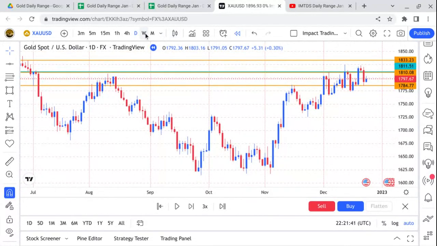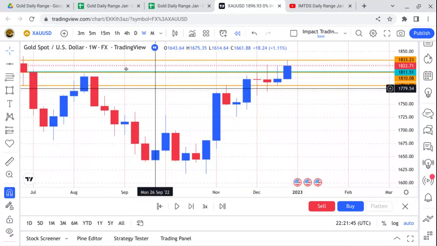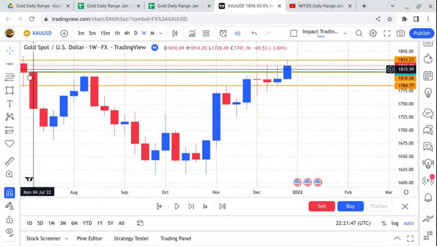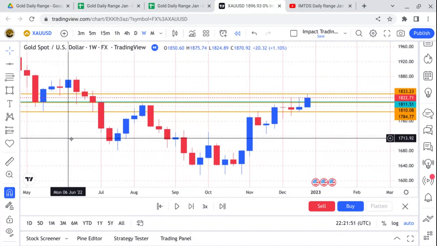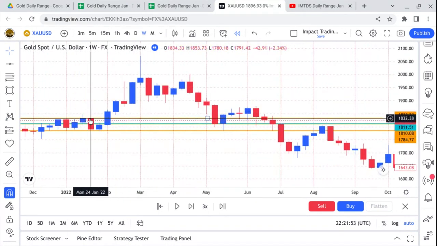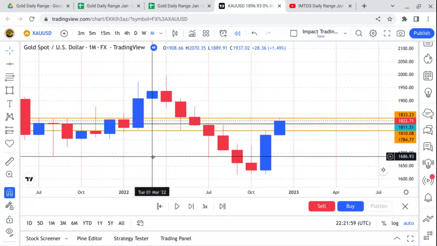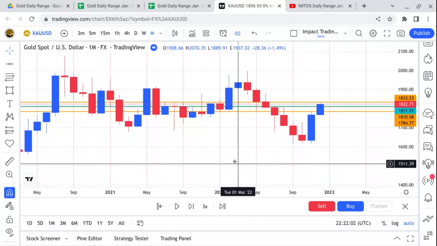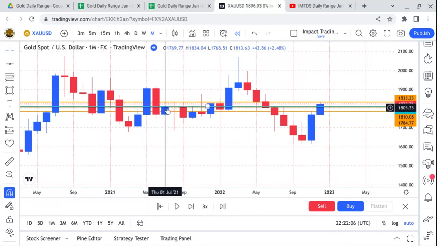We already went to the weekly chart, drew our highs and lows, weekly opens, weekly closes, weekly highs, weekly lows, monthly highs, monthly lows. And we've drawn them in areas where we believe that the price will most likely have buy or sell orders in the market.